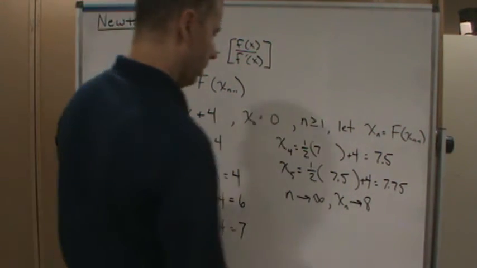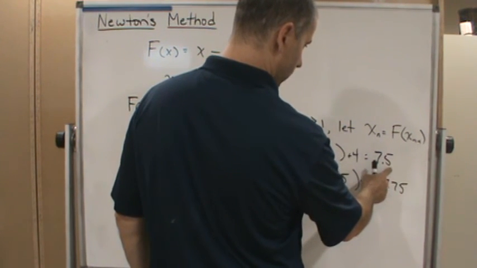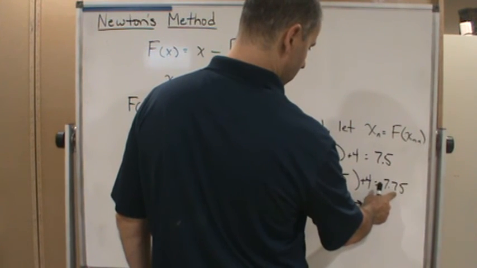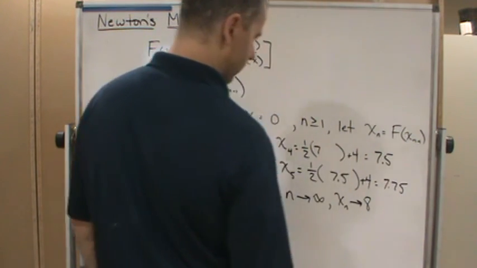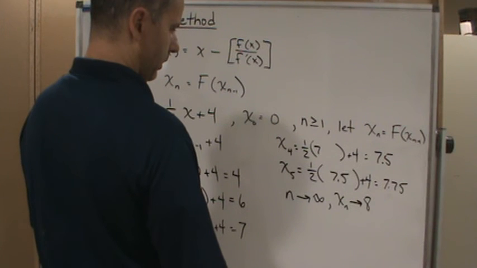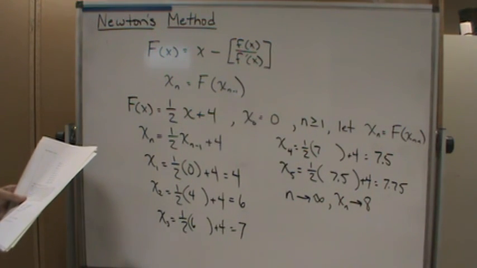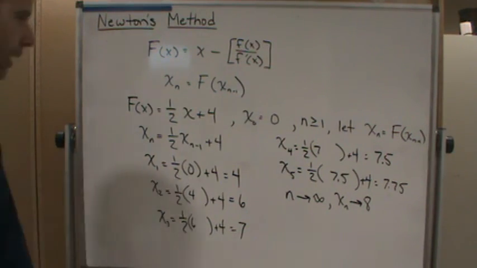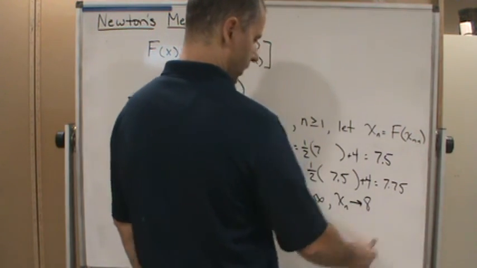The jump is 0.25, so half of that is 0.125, which gives 7.875 as the next one.